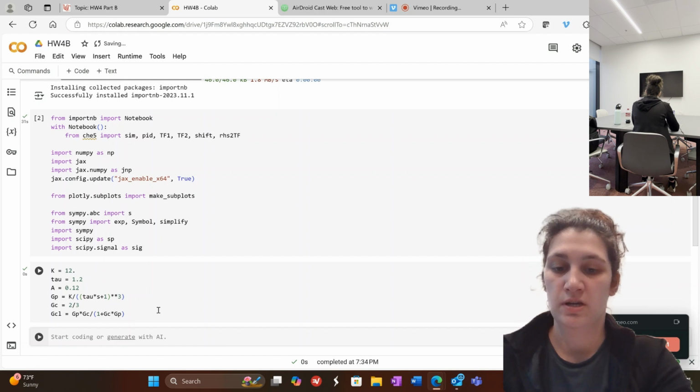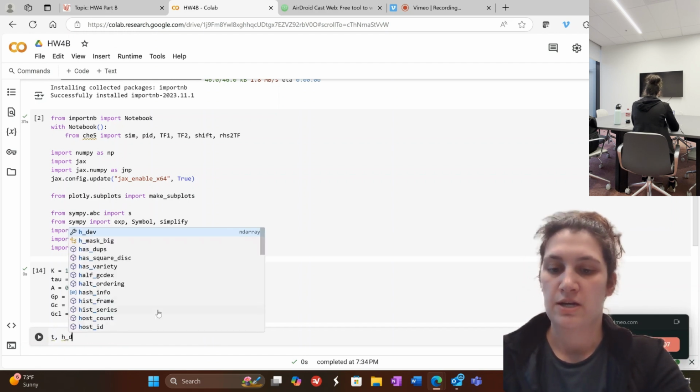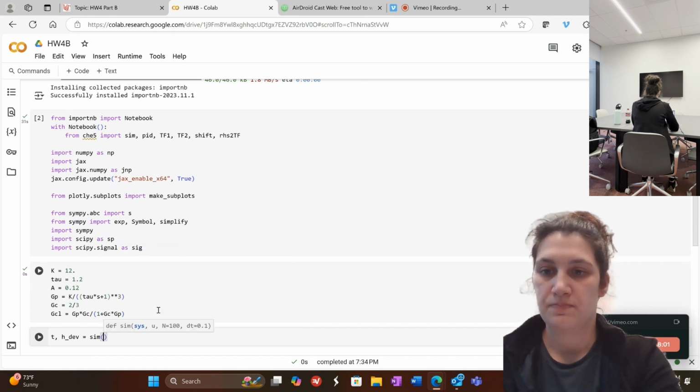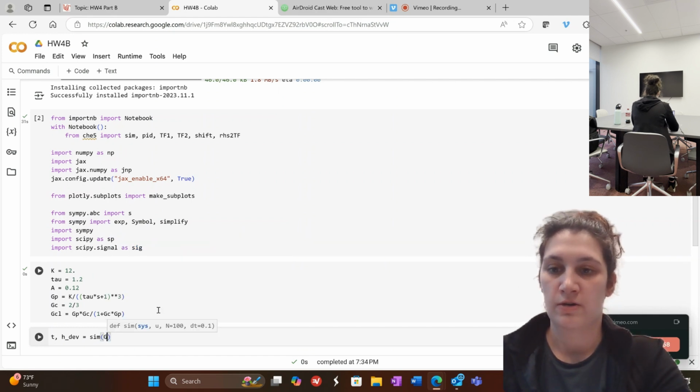Now for our simulation, what we want out of it is t and our HD, so our deviation variable. We have the function sim, and our inputs are a closed loop, our time domain, so we're going to say lambda t is a, that's our step change.